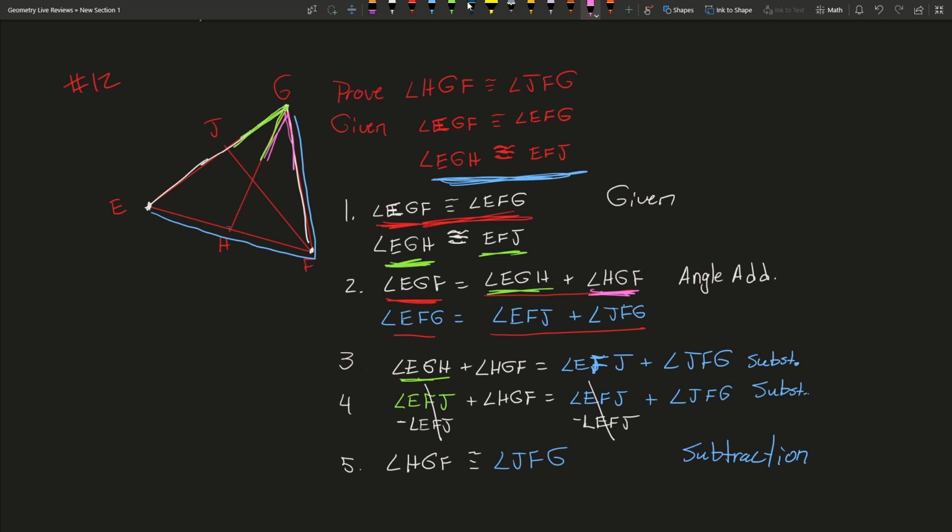And it does the same for EFG. Step number 3 is rewriting that EGF is equal to EFG, but using the sum of its smaller angles.